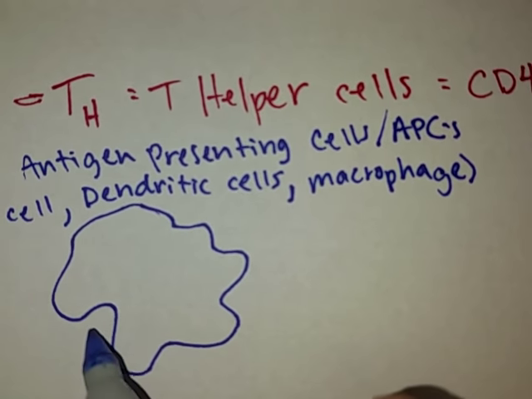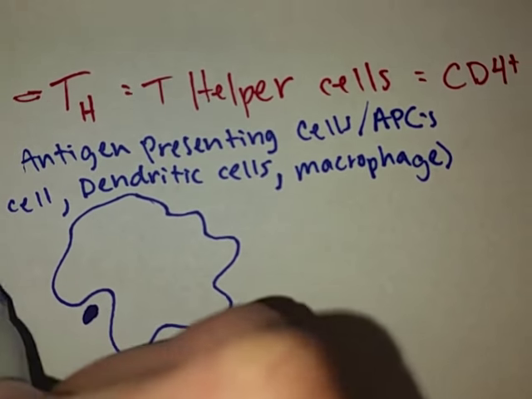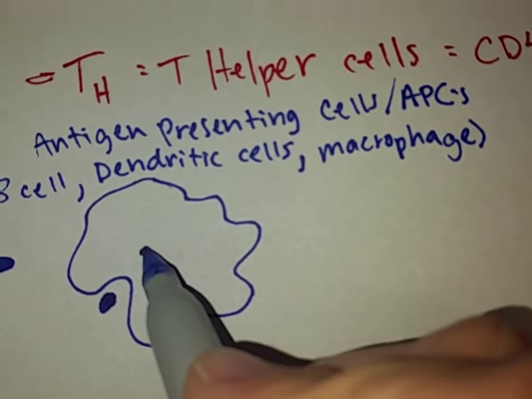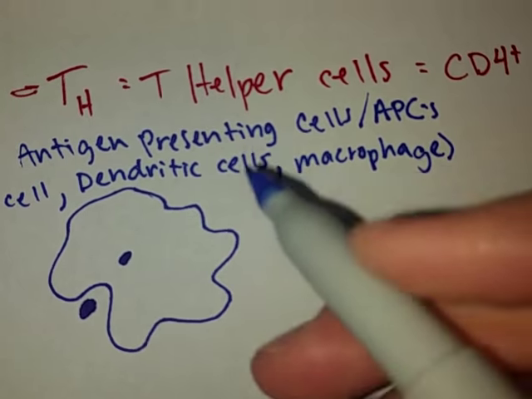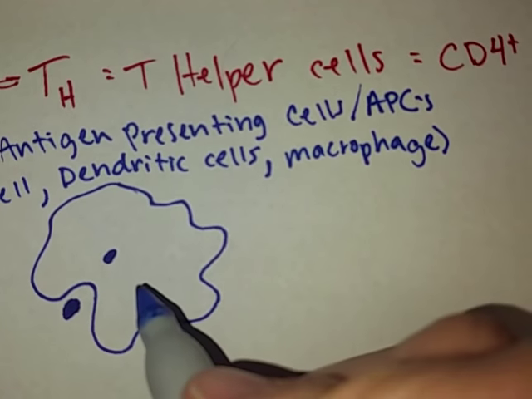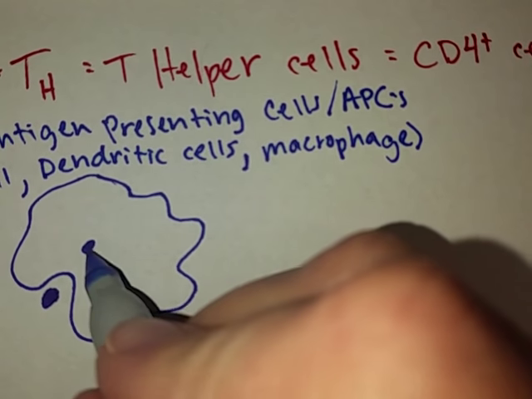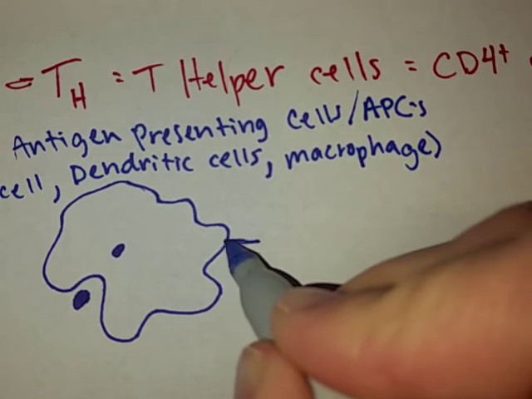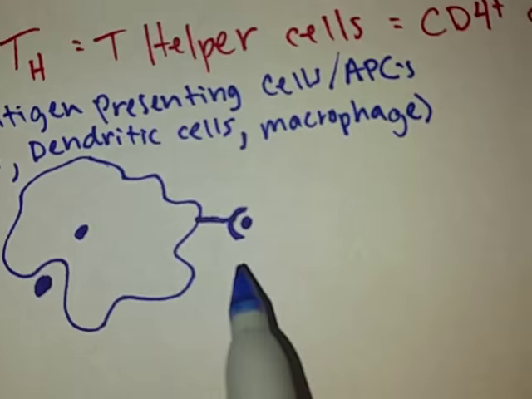These are going to be gobbling up things from the outside. So maybe this is a bacterium, here are other things, but they're going to engulf it. And when this bacterium gets gobbled up inside the cell, the antigen presenting cell is going to take fragments of it and present it.